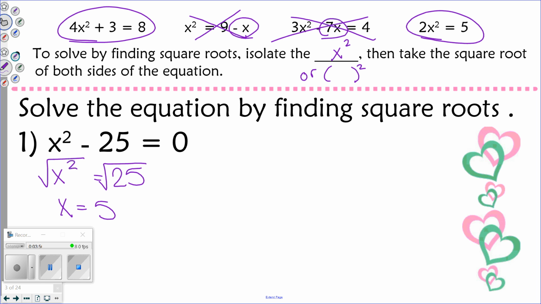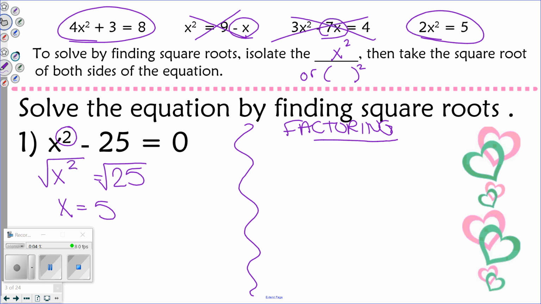How many answers should this problem have? It should have 2. Why do we only have 1? They're not both 5. Let's look at it by factoring, because this is one that does factor. x squared minus 25 equals 0. Factoring, we'd set it equal to 0, and then we'd factor.